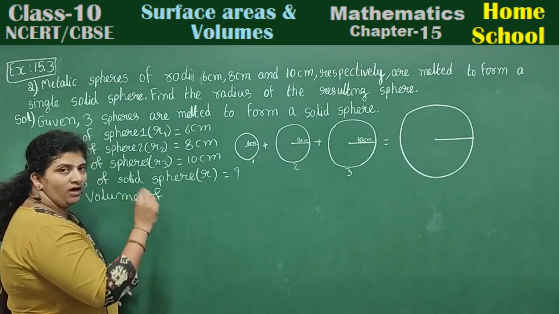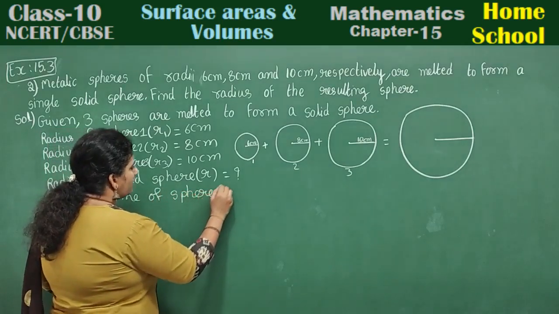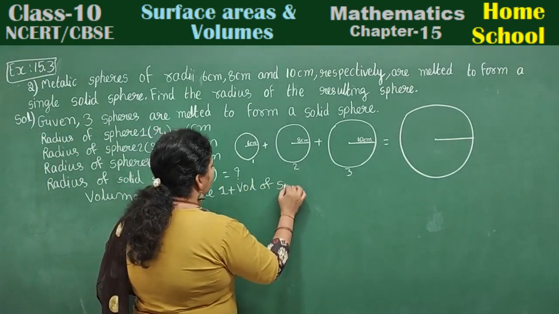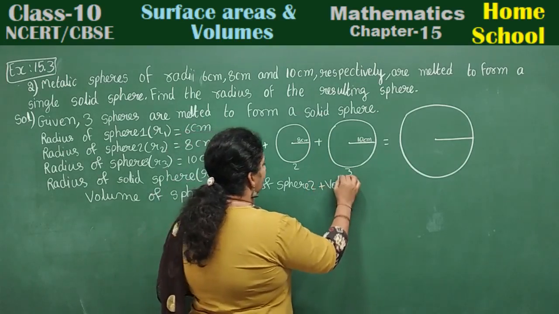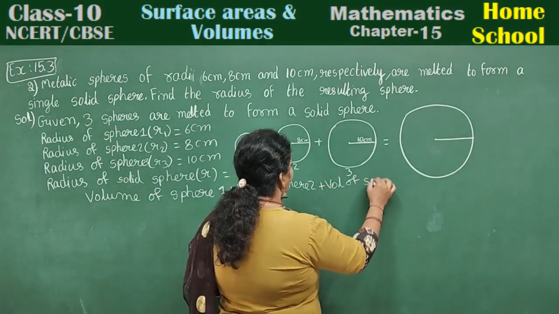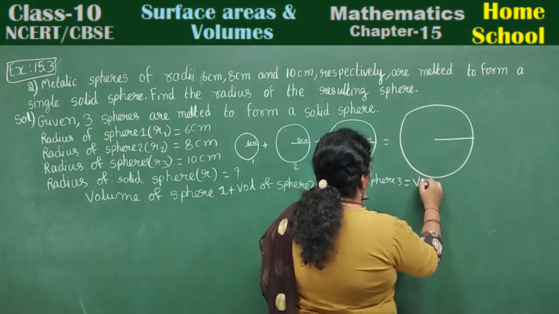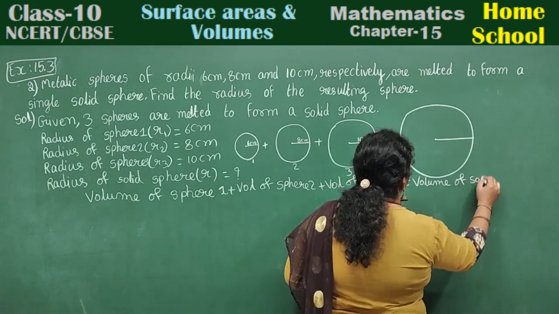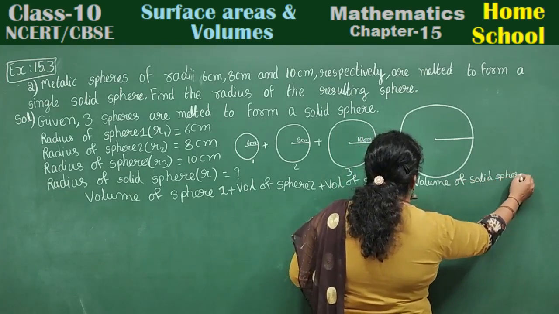So take the formula, volume of sphere 1 plus, shortcut you can write, volume of sphere 2 plus volume of sphere 3 is equal to volume of solid sphere.